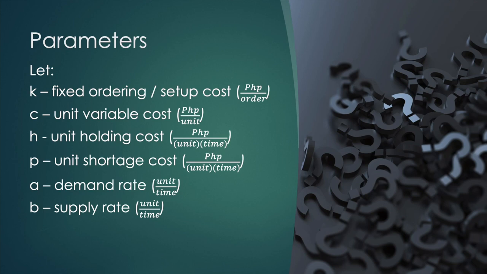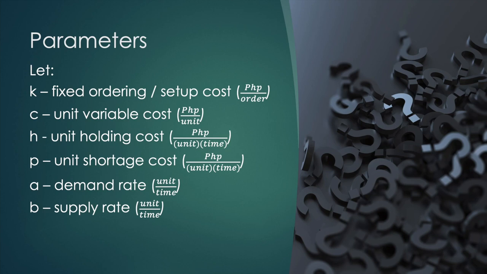However, if B is, for example, let's say 100 carats per day, and Mortimer Middleman orders 300 carats, then this supply rate of 100 carats per day means that the supplier will be able to supply the order of Mortimer Middleman, which is 300 units, in a total of 3 days.